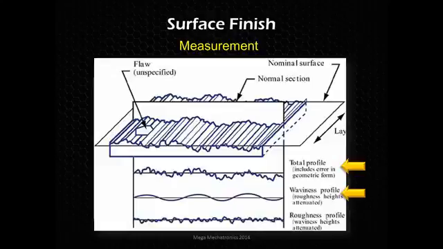We can also filter out the waviness and give us an attenuated roughness profile that removes that waviness. So it sort of gives us an average median line, and we can line that up and get a better idea of the max and min of the peaks and valleys of that roughness profile.